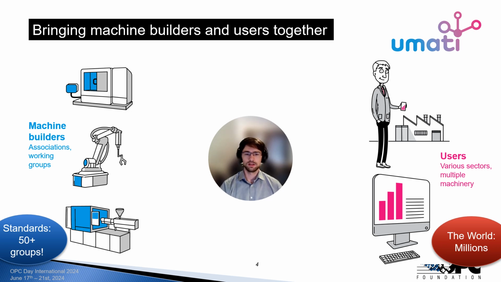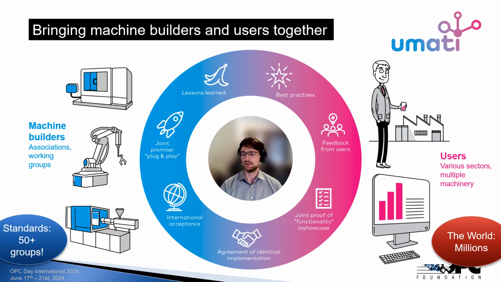And what we are doing in umati is exchanging, for example, best practices between those two parties. We are exchanging lessons learned from first implementations of companion specifications, but we also show by a joint proof of functionality that the companion specification works as intended.